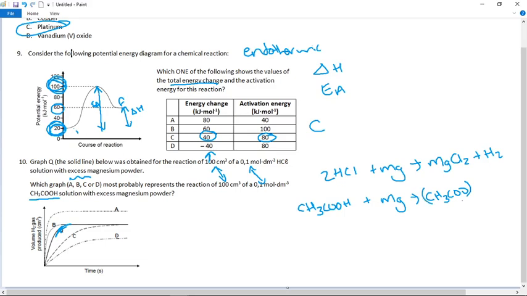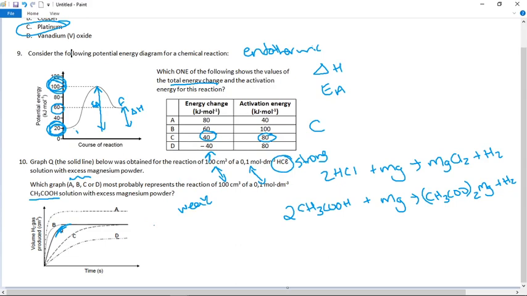I need 2 of these to 1 of those, and hydrogen gas. And this means I need 2 of these. Basically it's the same reaction, and both of them have the same ratio for the volume of hydrogen gas produced. But we know that hydrochloric acid is a strong acid, and ethanoic acid is a weak acid.